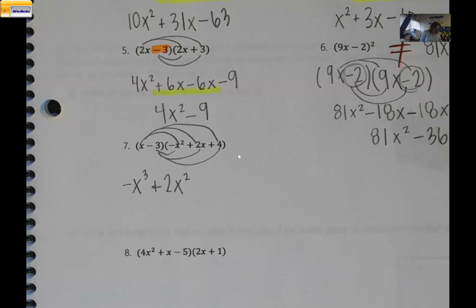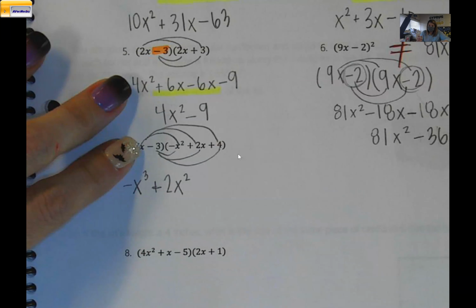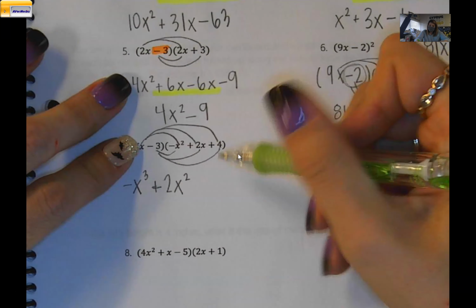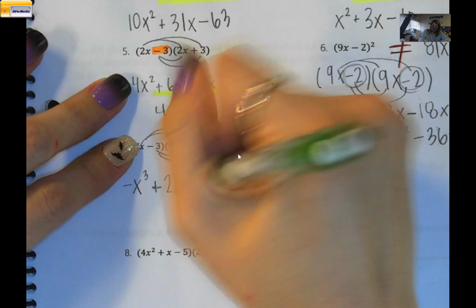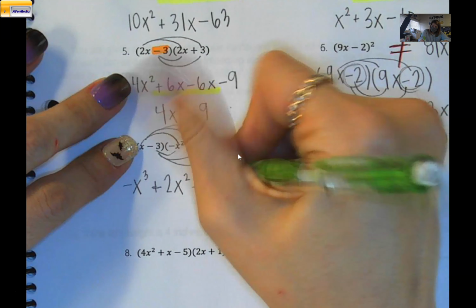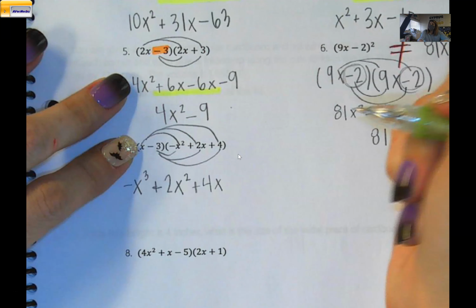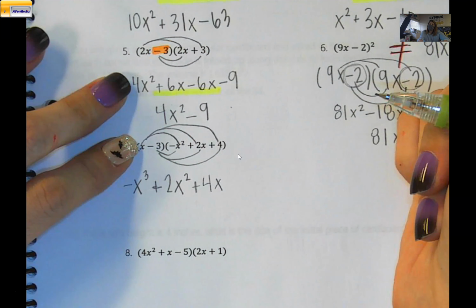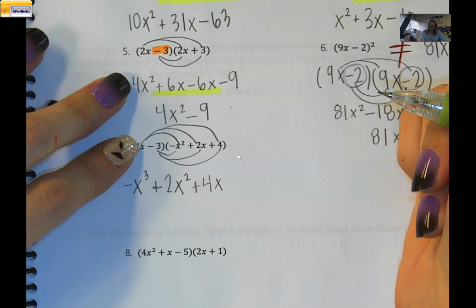And then for our last one, we have x times positive 4. That's going to give us plus 4x. So that's our first term.